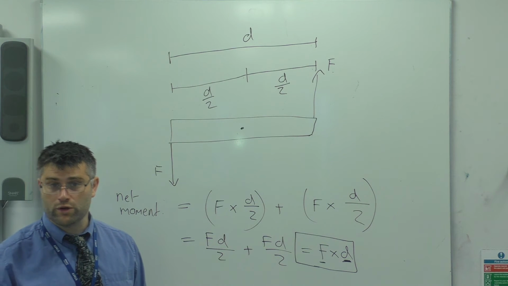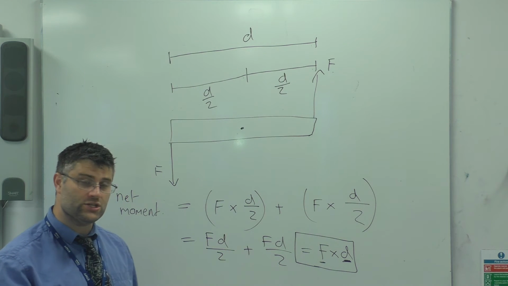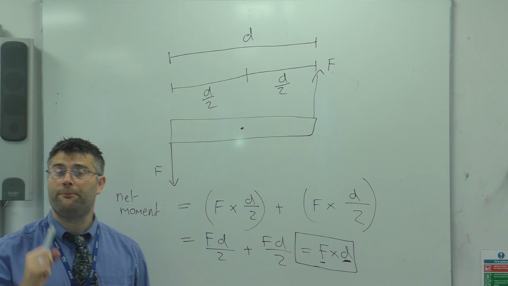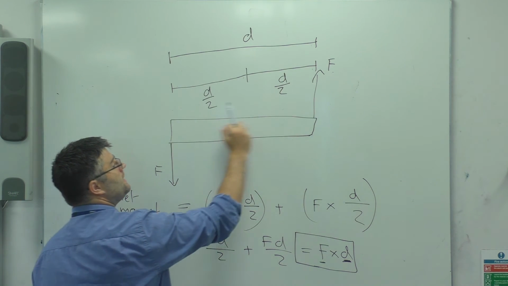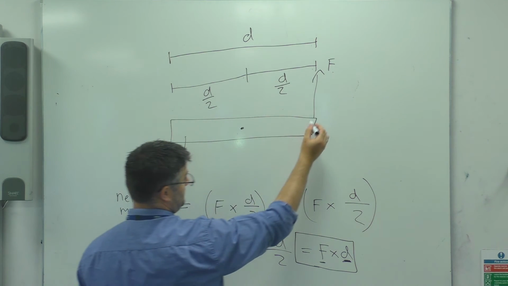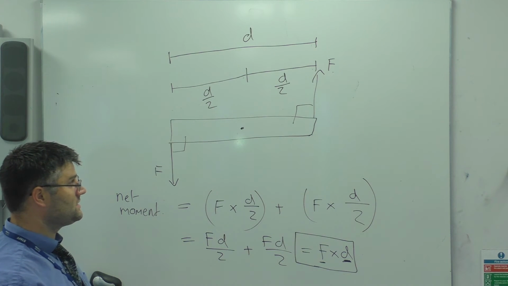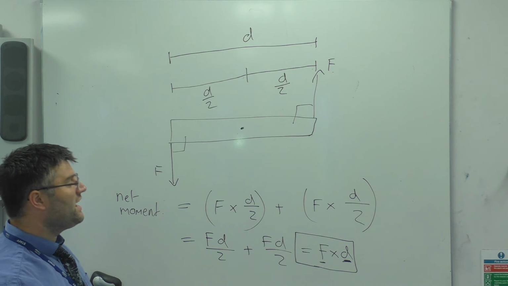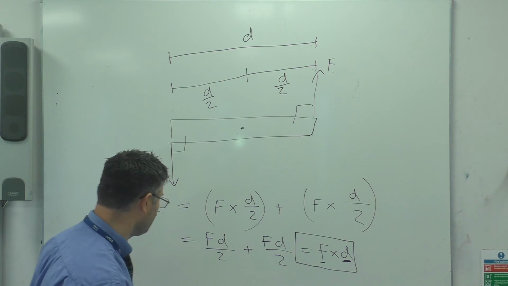No, you just use one of the forces in a couple, and for the distance in this calculation, it is the perpendicular distance between the two forces. Okay, because bear in mind, these are at right angles. So the perpendicular distance between the two forces is the distance you should use for a torque calculation.